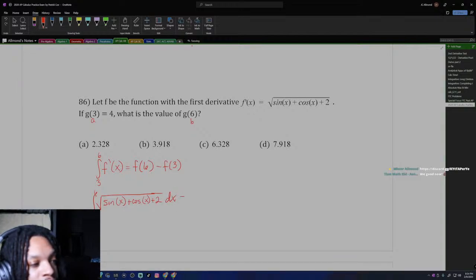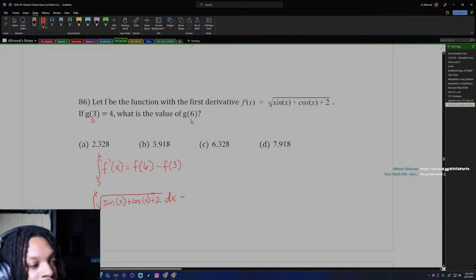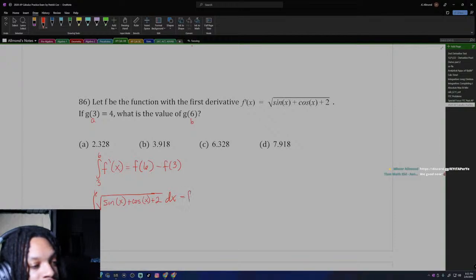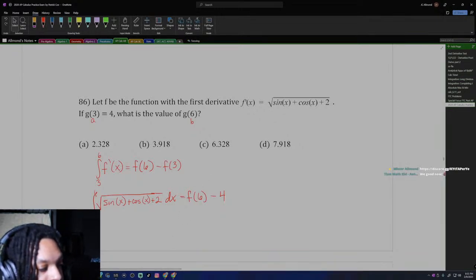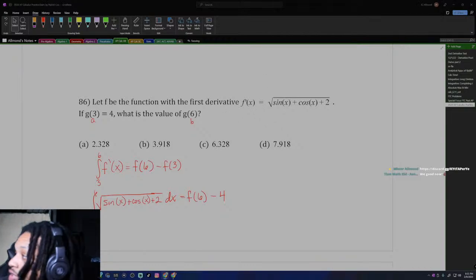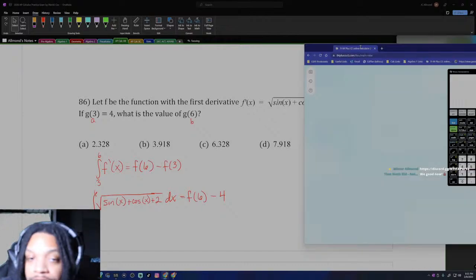And that is going to be equal to f of 6 minus f of 3, which they told us is 4. All right, calculator time. So we're going to go boom. Actually, I'm going to pull it up over here and then drag it over. Okay.